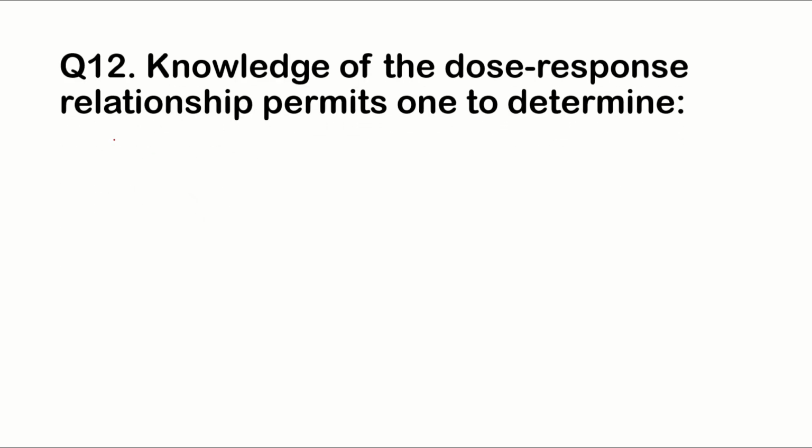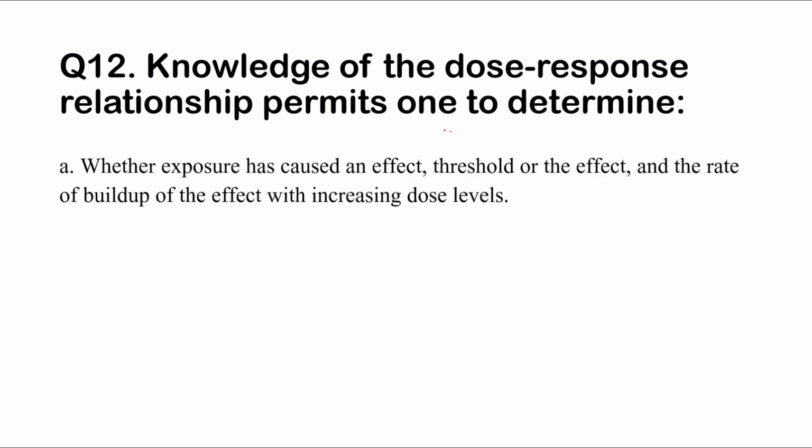Question number 12. Knowledge of the dose response relationship permits one to determine. So when we study the dose response relationship, what does it determine? Option A, whether exposure has caused an effect, threshold of effect, and the rate of buildup of the effect with increasing dose levels. Option B, the degree of metabolism of xenobiotics.